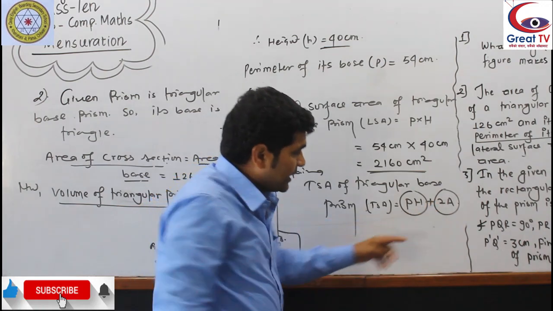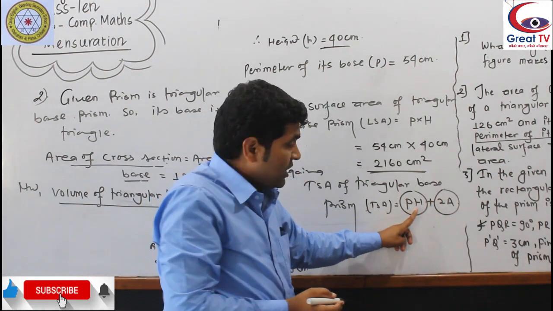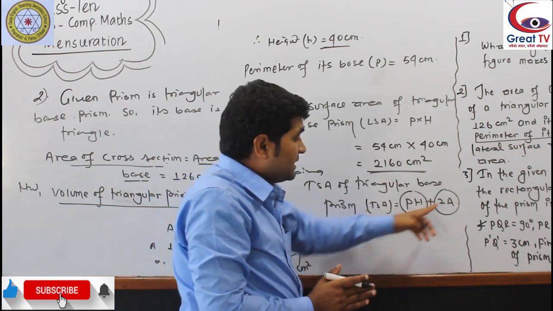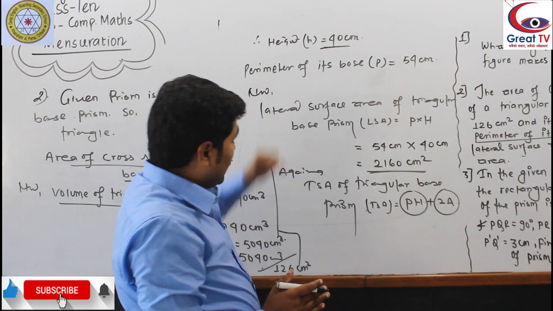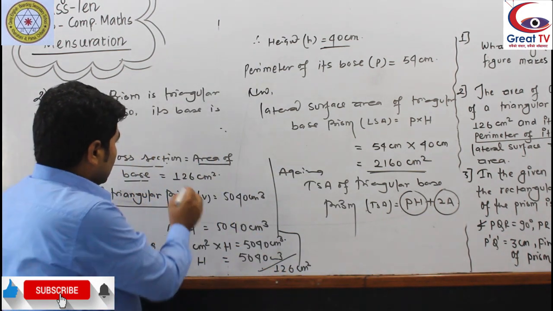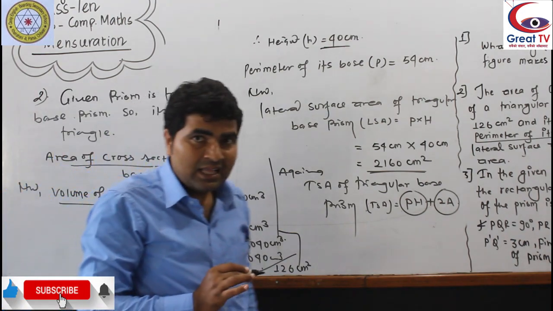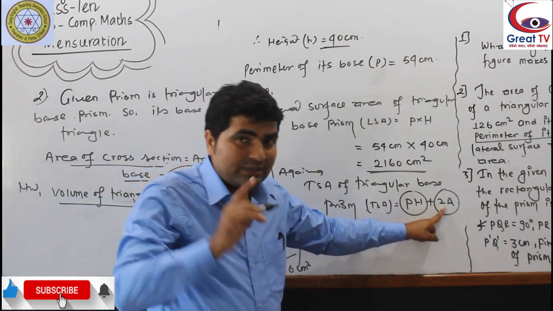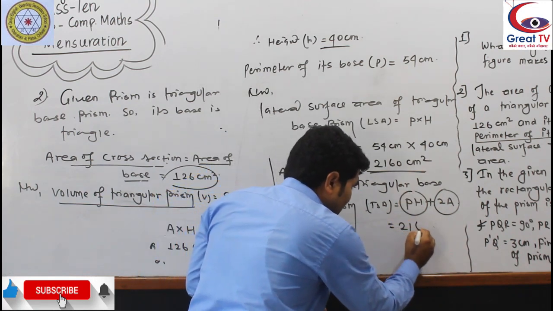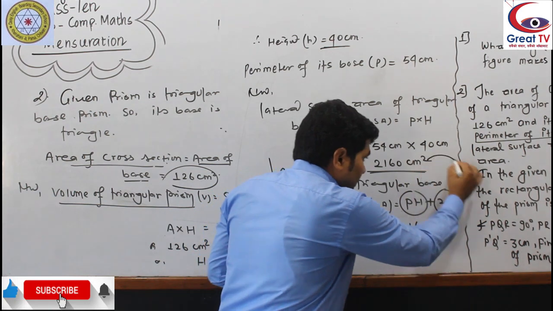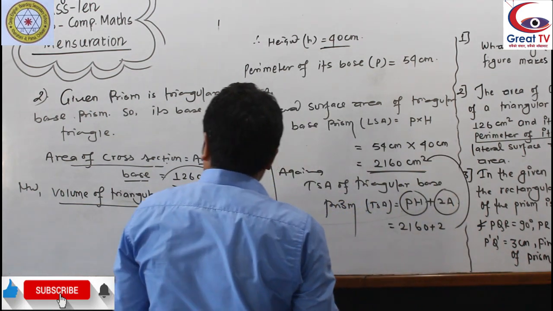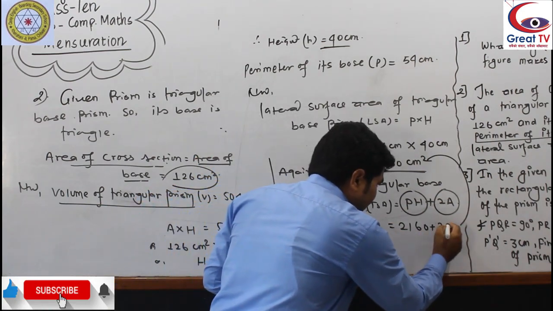PH plus 2A. This PH means LSA, or rectangular surface area, plus the area of the bases. The single base area is 126 cm square. Then the area of the bases is 2 times A. So 2160 plus 2 times A, the area of the base, 126.